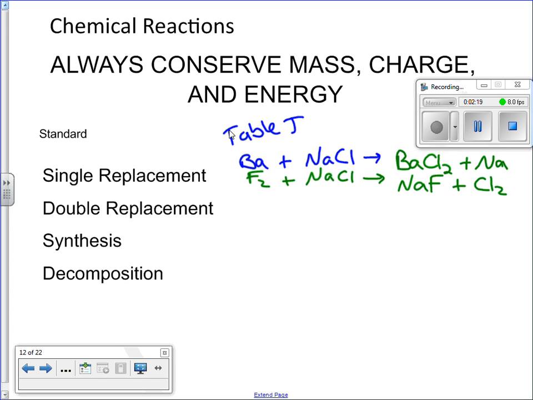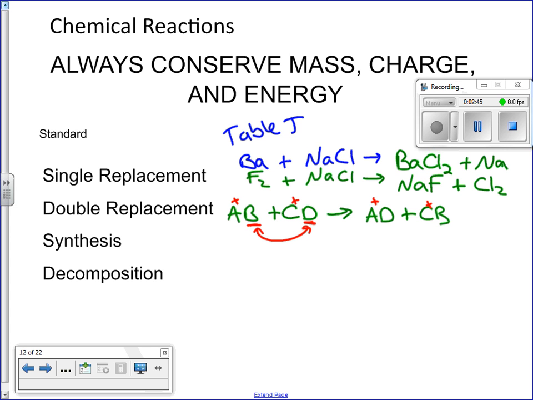Double replacement, they switch partners. The overall thing for double replacement is AB plus CD goes to AD plus CB. Remember, the positive one should be written first, so A is positive and C is positive. Always write the positive ones first. Just switch the partners. Take these two and flip-flop them, okay?